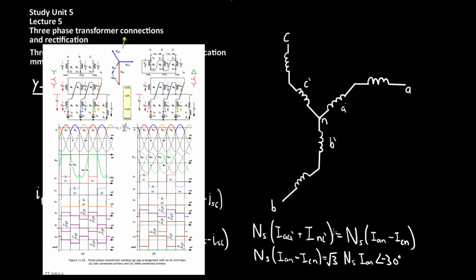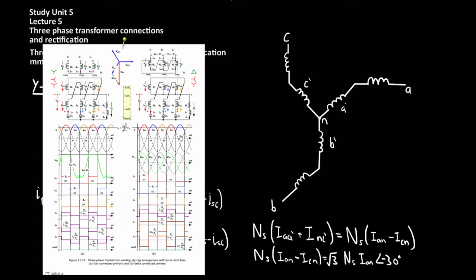In this configuration there is a balance in the MMF and currents between adjacent branches. So using this balanced configuration, it means that the net DC MMF will be 0 in a star and star-star configuration. And that concludes this lecture.